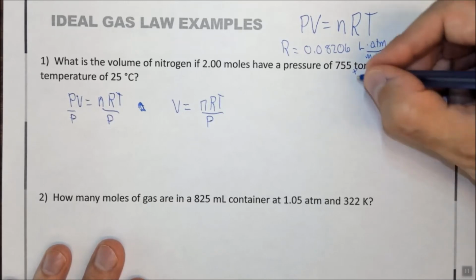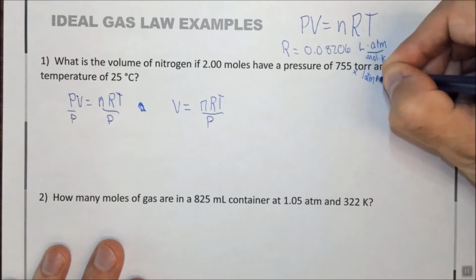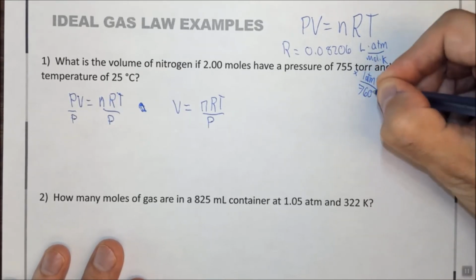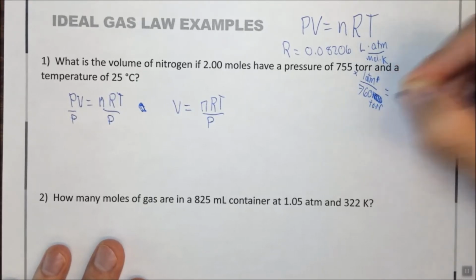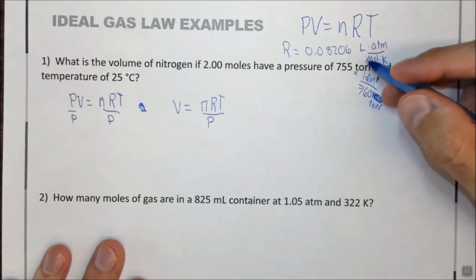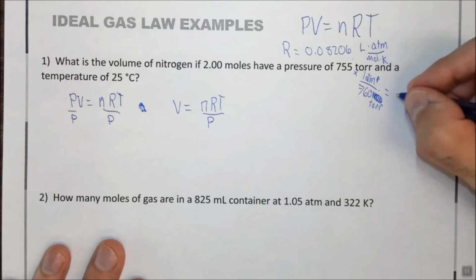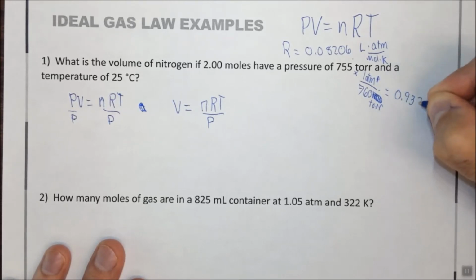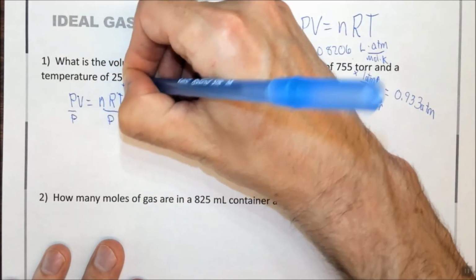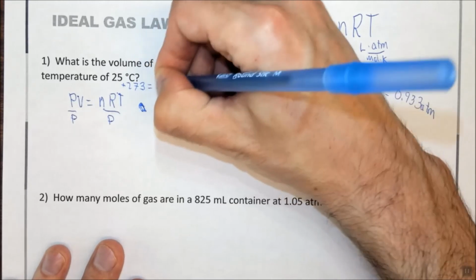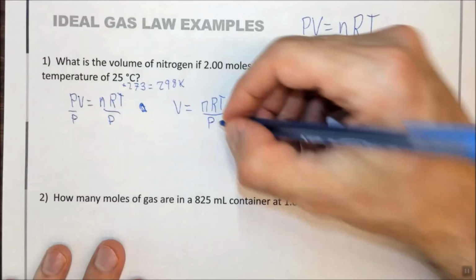If we just multiply this whole thing by 1 atmosphere over 760 torr, so we divide it by 760, we find that this pressure, when we take 755 and divide it by 760, is 0.993 atmospheres. And the temperature, we add 273 to that, and we find that it's 298 K. So now we've converted the units appropriately.